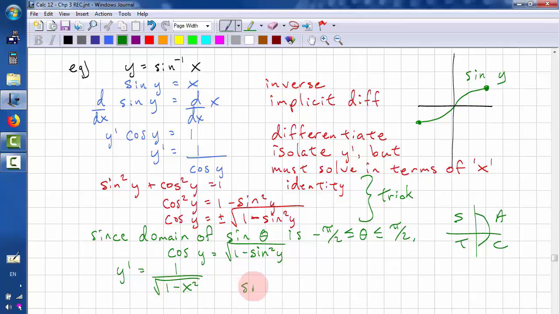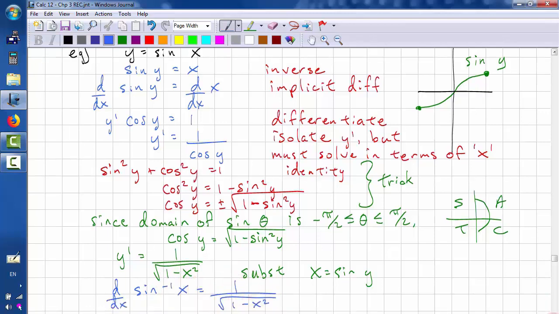We're subbing in x equals sine y. Therefore, d/dx of inverse sine x equals 1 over the square root of 1 minus x squared.